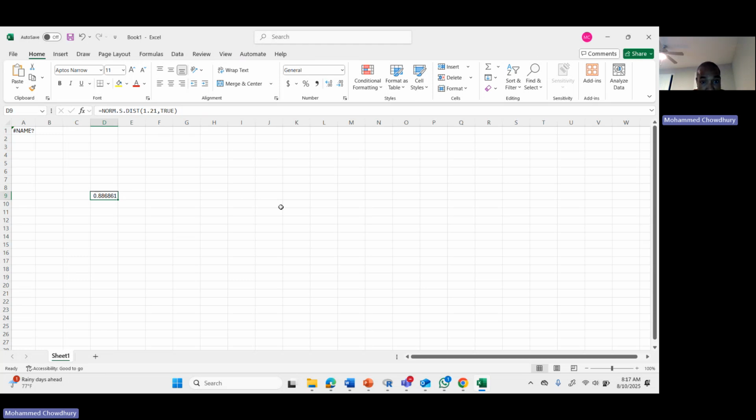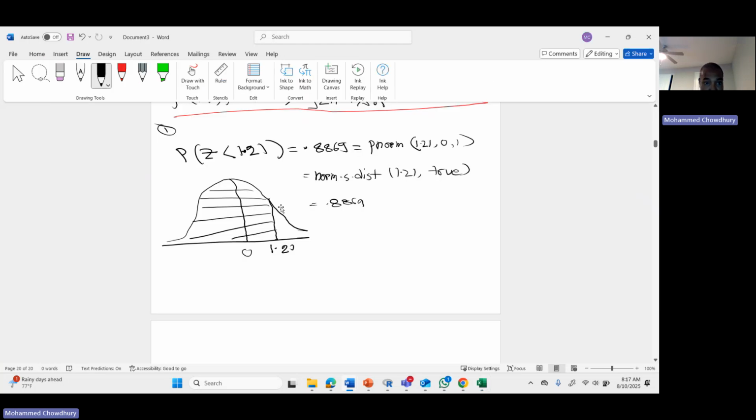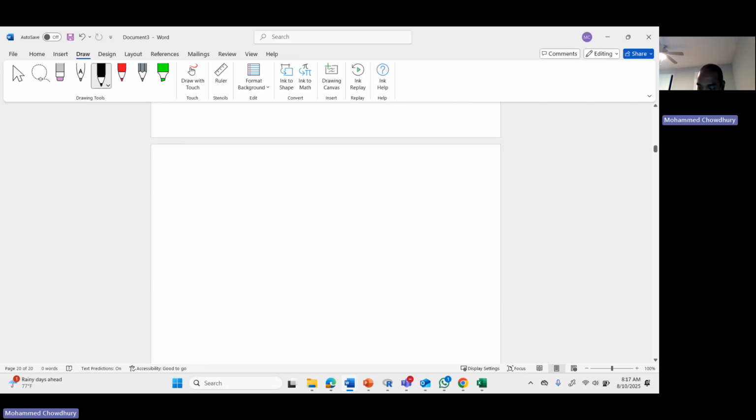Okay, so I have shown you how to compute these things by using Excel as well as R. Now I want to do the second one. Second one I want to do: probability of z less than negative 1.46.